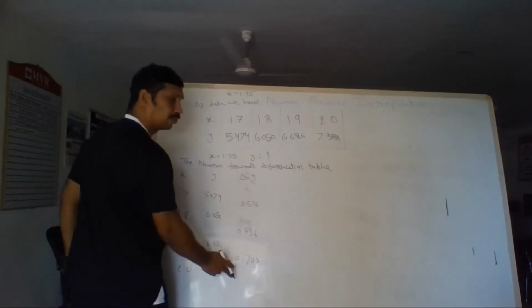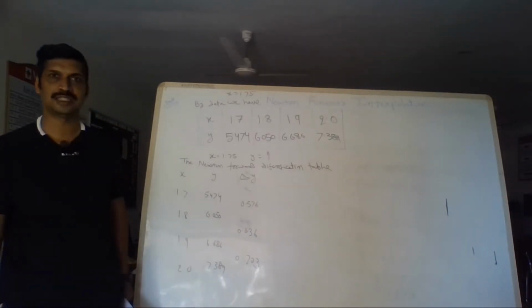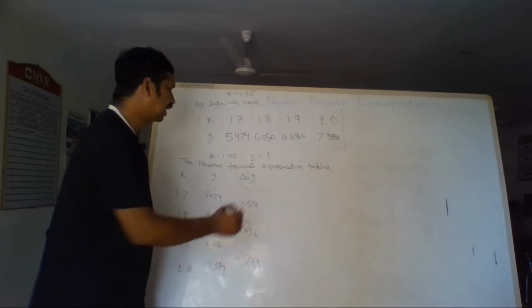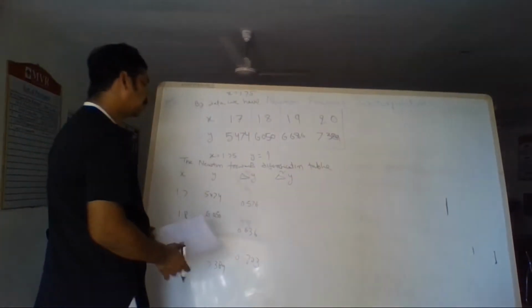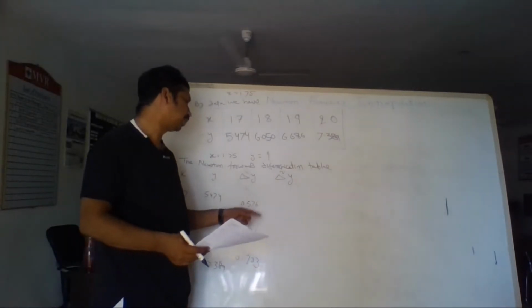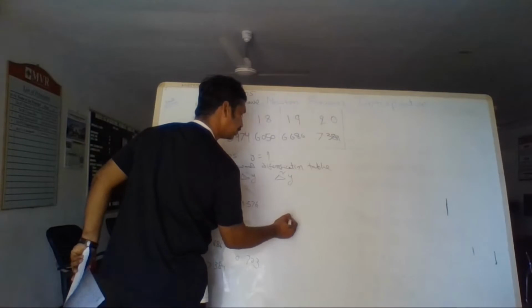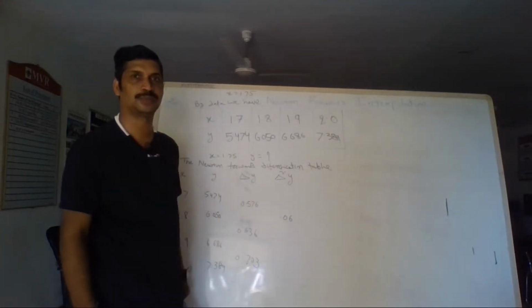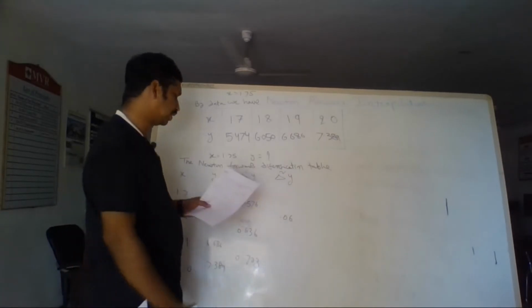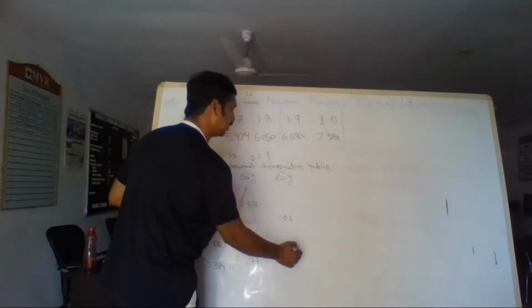Using these first order forward differences, we will compute the second order forward differences, delta square of y. 0.636 minus 0.576 is 0.06. 0.703 minus 0.636 equals 0.067.